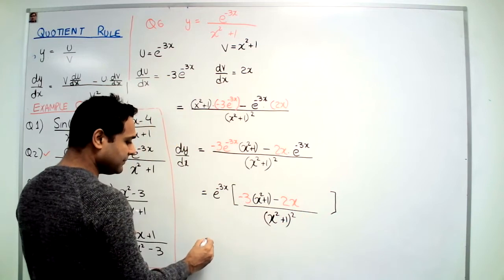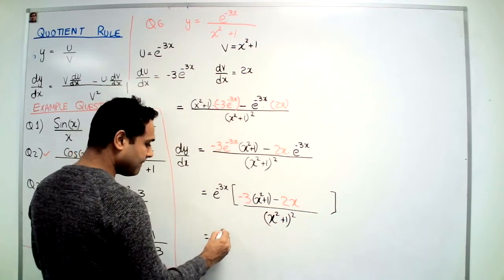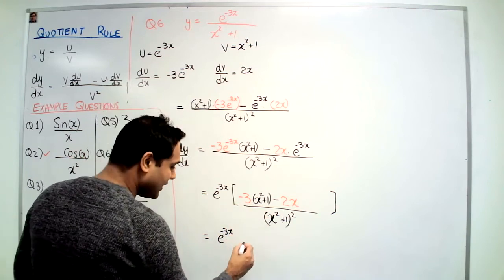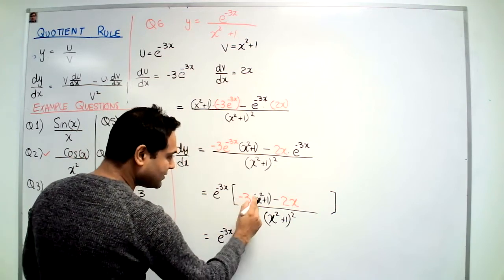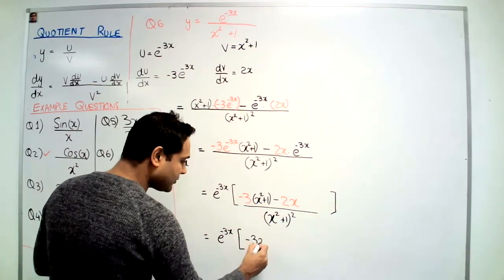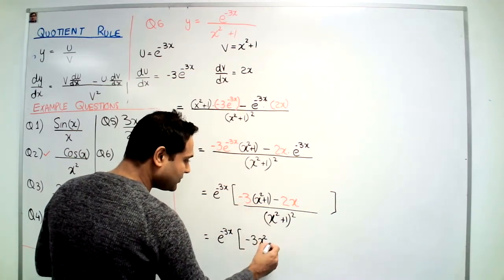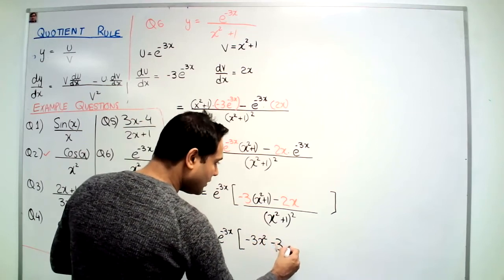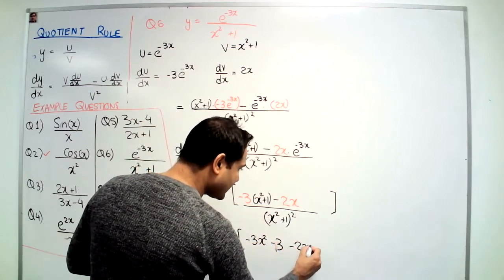You can further simplify it. Multiply the 3 inside. So minus 3 times x squared is minus 3x squared. Minus 3 times 1 is minus 3. And then minus 2x.